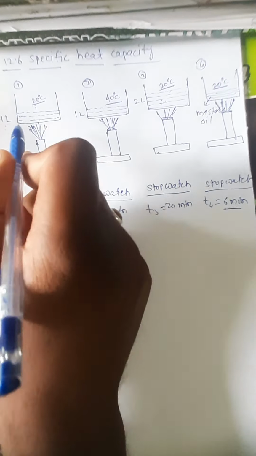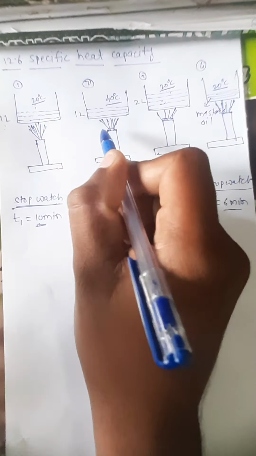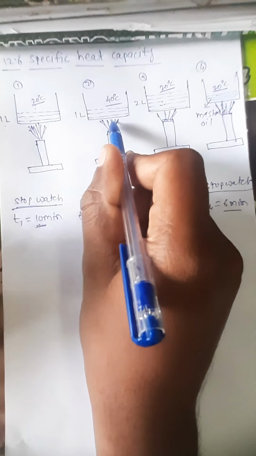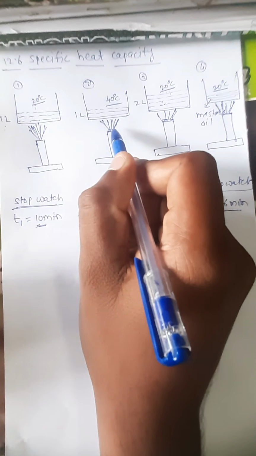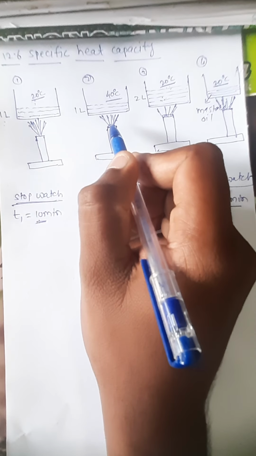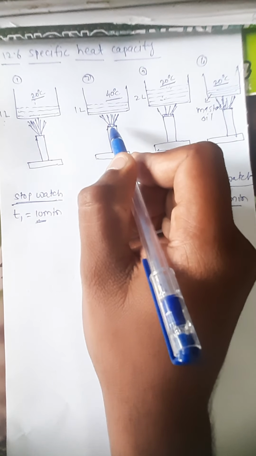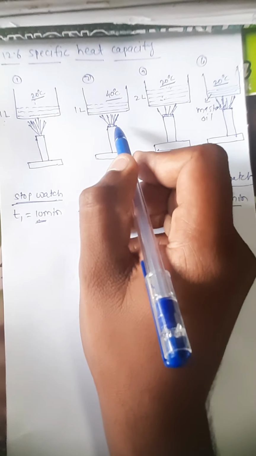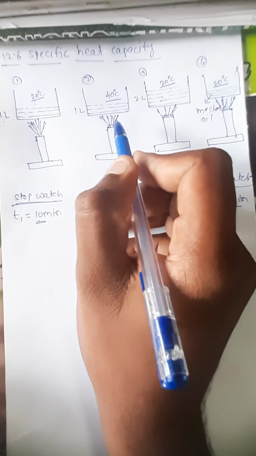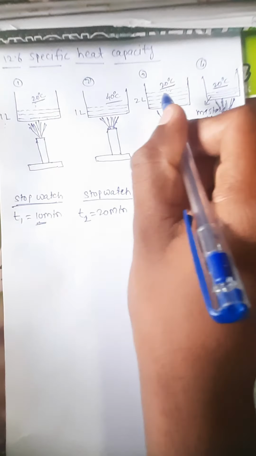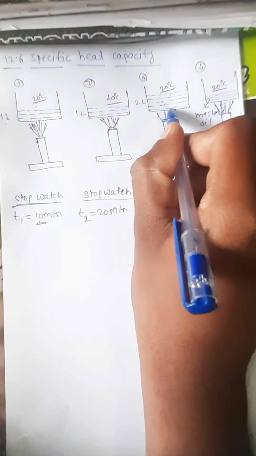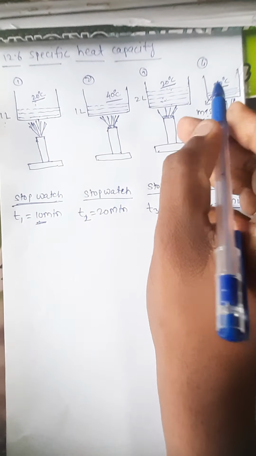The heat required to warm a given substance depends upon the amount of substance. If the amount of substance changes, then the heat required changes.